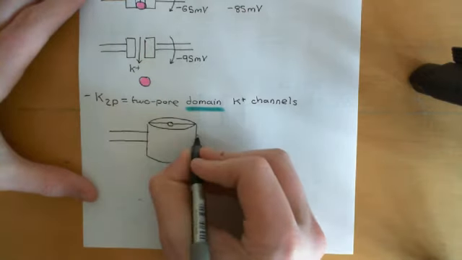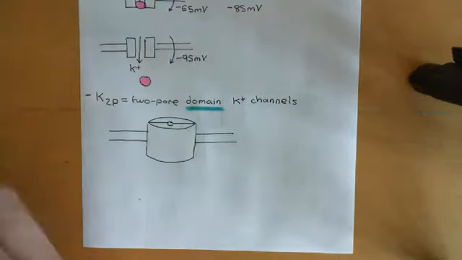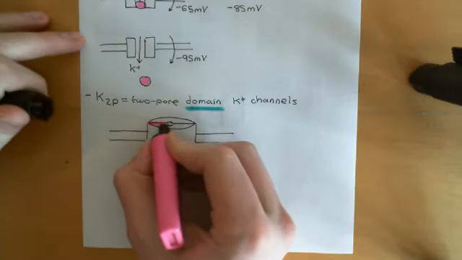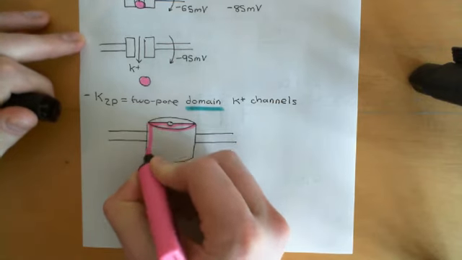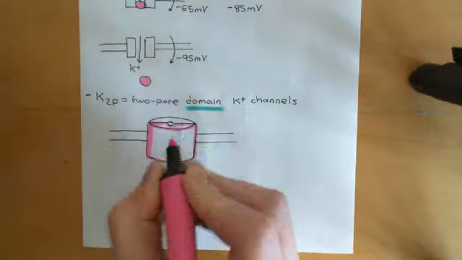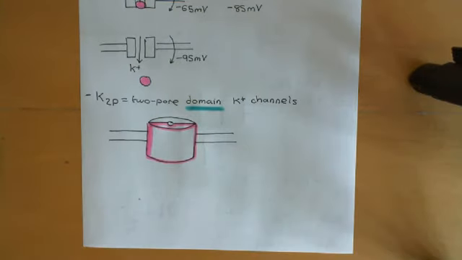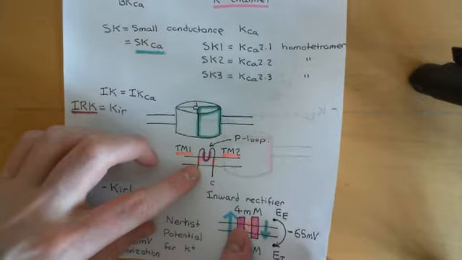So 1, 2 there. Now let's pull out a single one of those subunits, a single monomer, and have a look at its membrane spanning topology. The reason these channels can assemble as dimers rather than tetramers is because each subunit effectively contains two of the subunits of inward rectifying potassium channels.